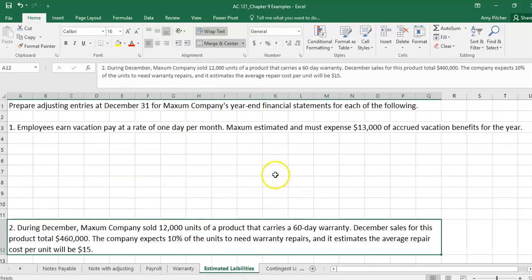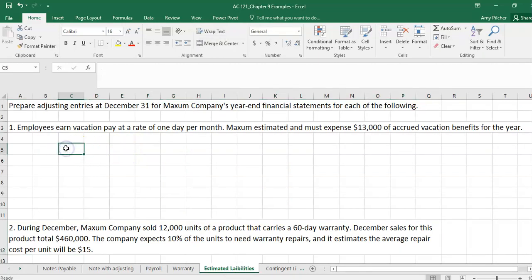We're going to look at 2 more short examples with estimated liabilities. So in the first example, we have accrued vacation benefits, and we're recording our journal entry on December 31st to create a liability for vacation benefits. So we pay our employees 1 day per month of vacation.